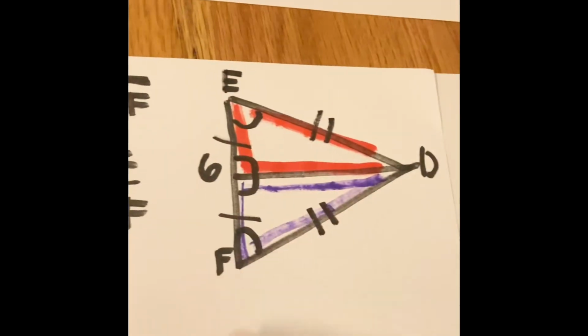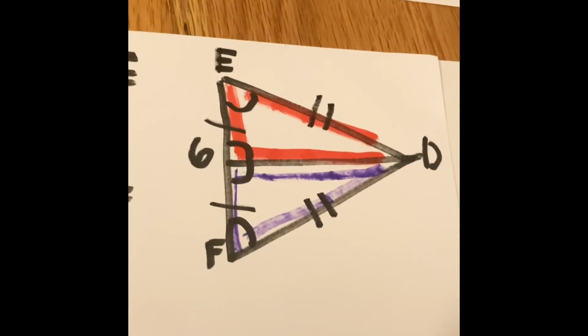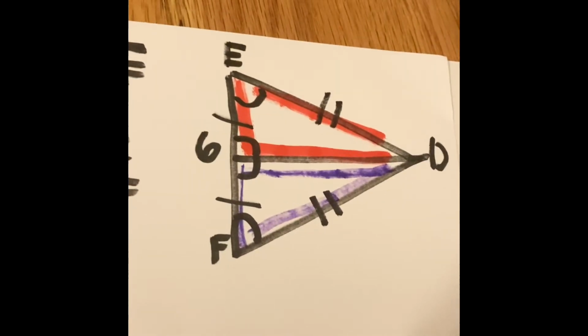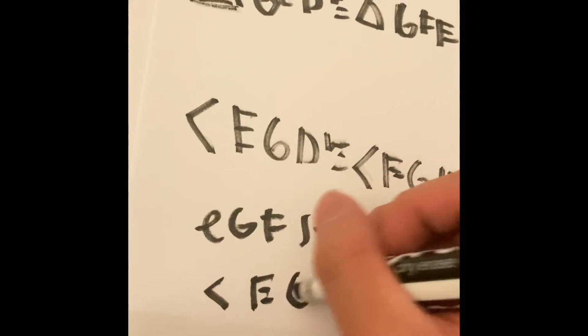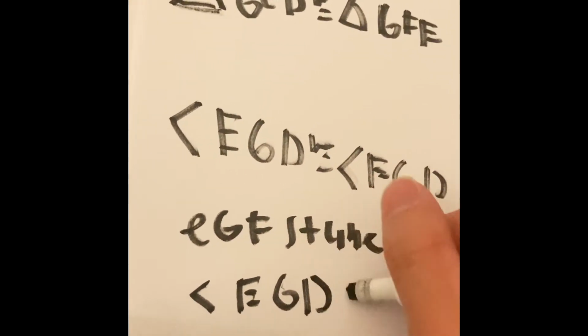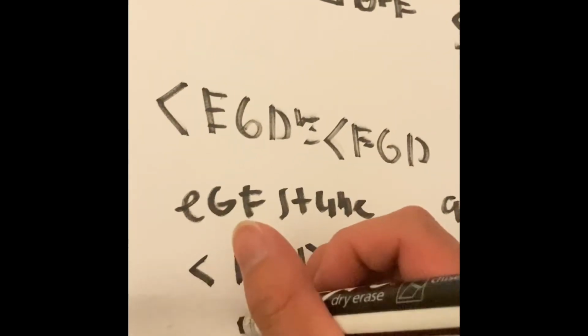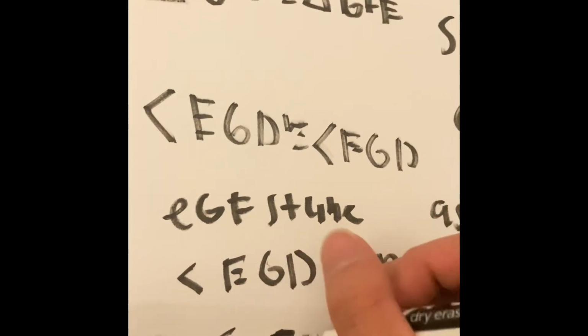We can assume straight lines. And then we can also say, if these are congruent and that is a straight line, we can now say that angle EGD is supplementary to angle FGD.